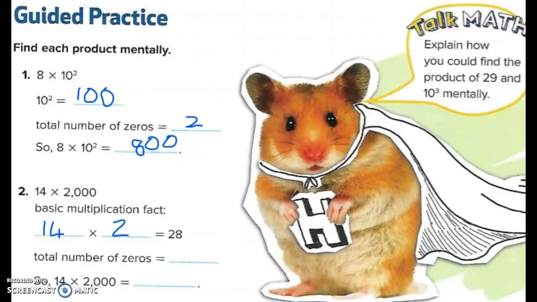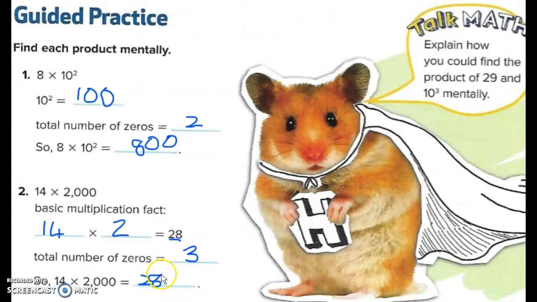Now, how many zeros do we need to add? Look at the 2000. Count the zeros. Correct. There are 3 zeros in 2000. So 14 times 2000 will be 28.